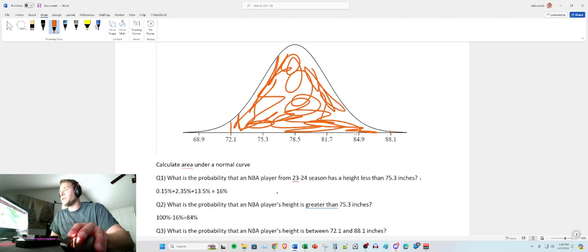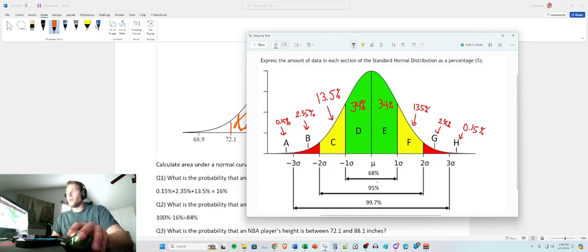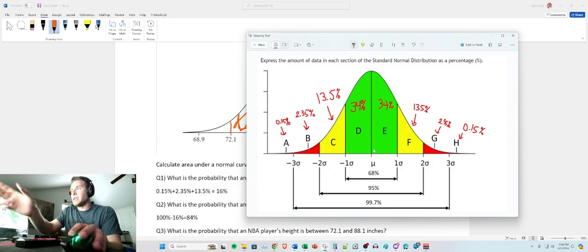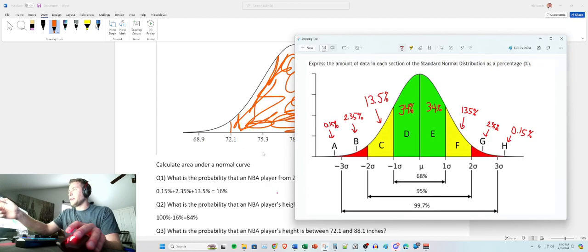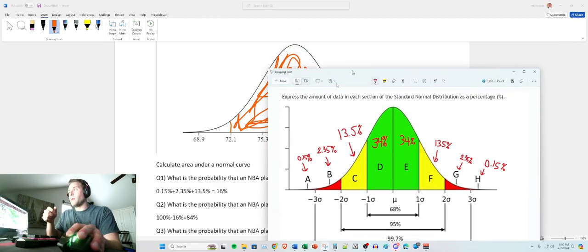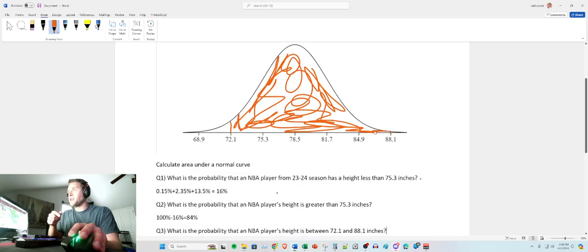It's not 99.7. So I could just use the empirical rule. If it were exactly within these regions, from D to E, that would be 68. C to F is 95. And then this region B all the way to G is 99.7, but that's not really what's happening here. We're going 2 deviations on this left side, and then we go all the way to the 3rd deviation way over here on the right side.